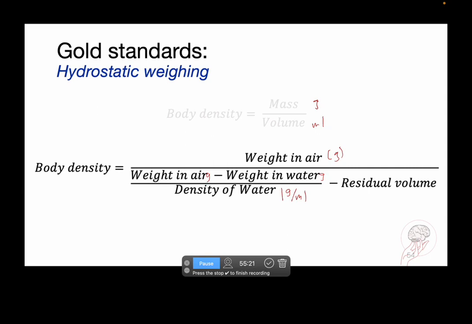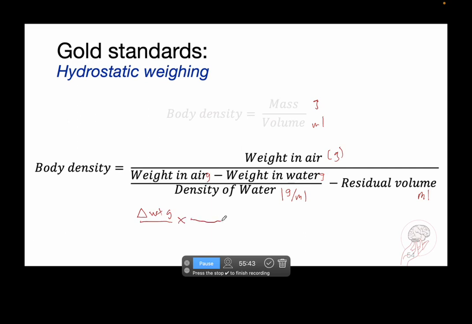And then we have minus the residual volume in milliliters. So let's do this. So grams minus grams. So we'll get the change in weight in grams divided by a gram per milliliter.